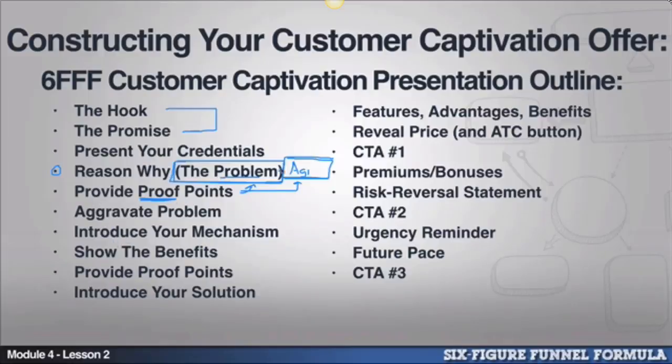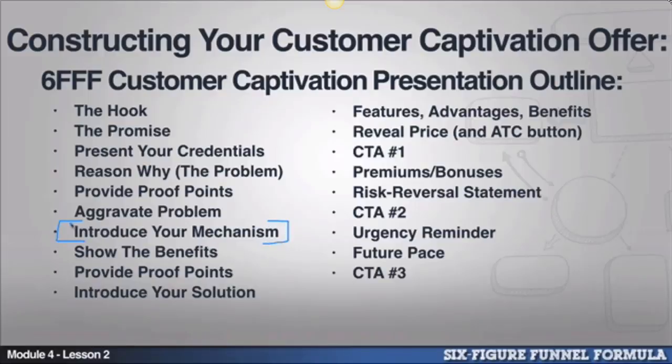So you need to offer proof over here, right? So we've got this reason why, the problem, proof point, and agitate. These are all kind of one and the same section right here, right? We're telling them what the problem is that they have, we're agitating the problem, and we're providing proof. Then in the next section, we're introducing them to the mechanism.